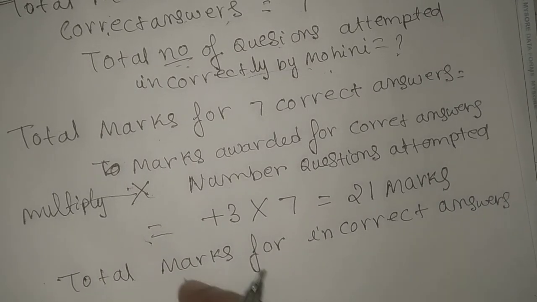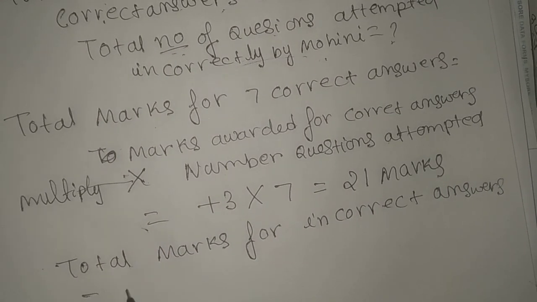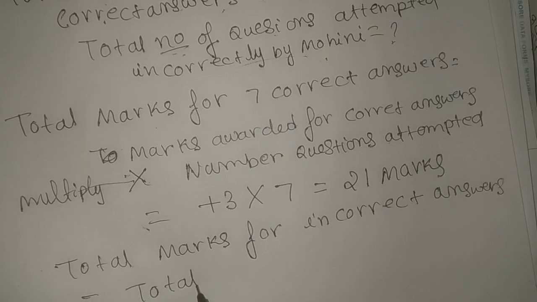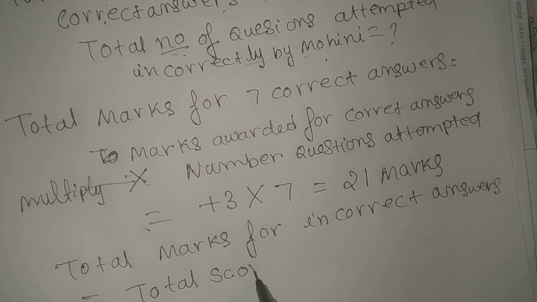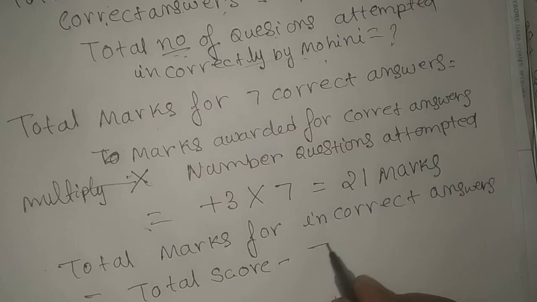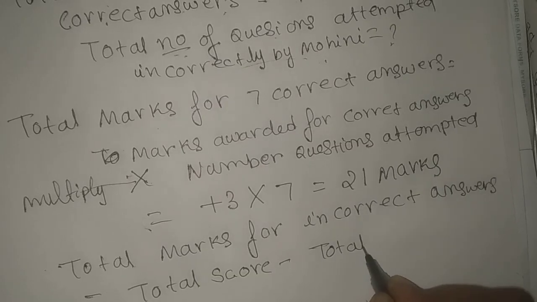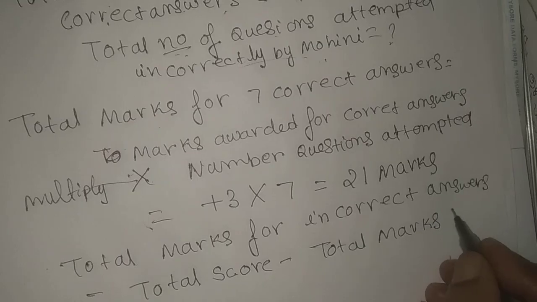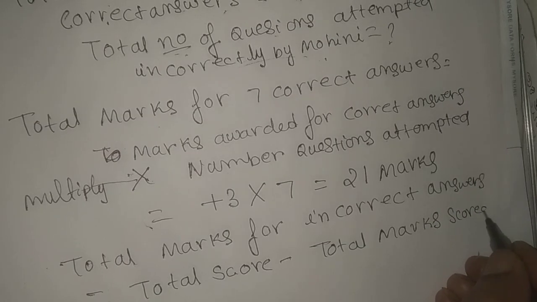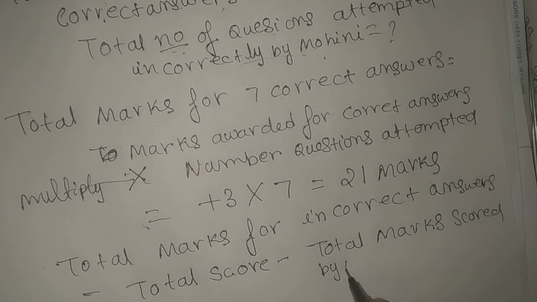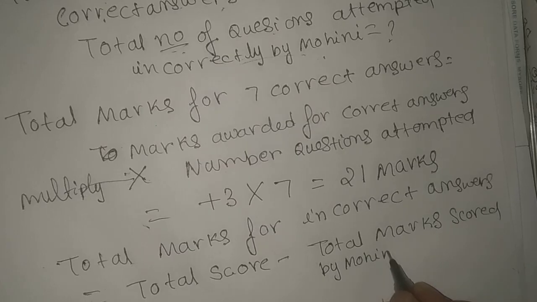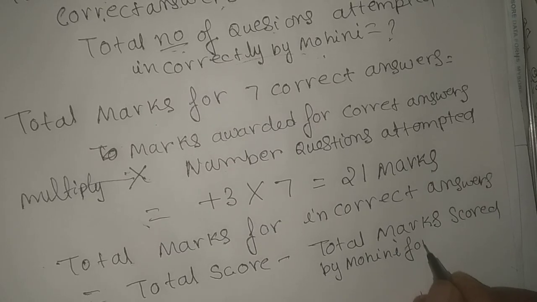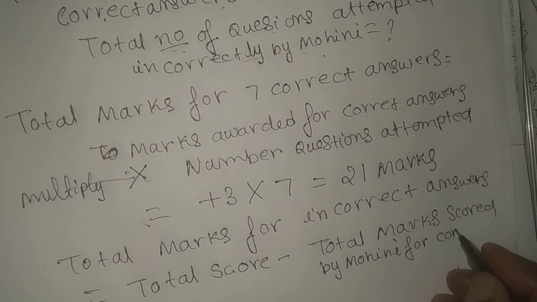Total marks for incorrect answers is equal to total score, how much she got, minus total marks scored by Mohini for correct answers.